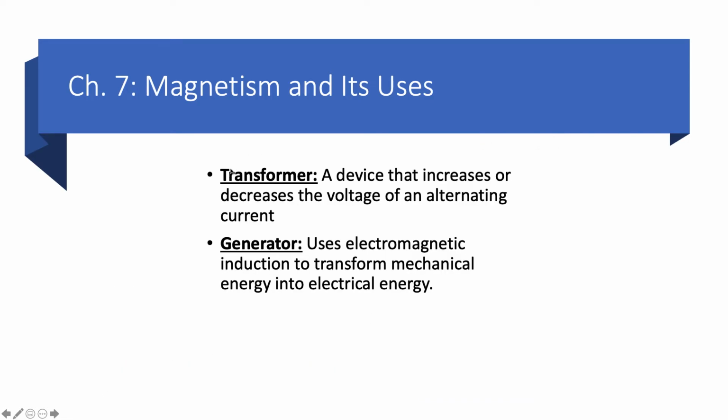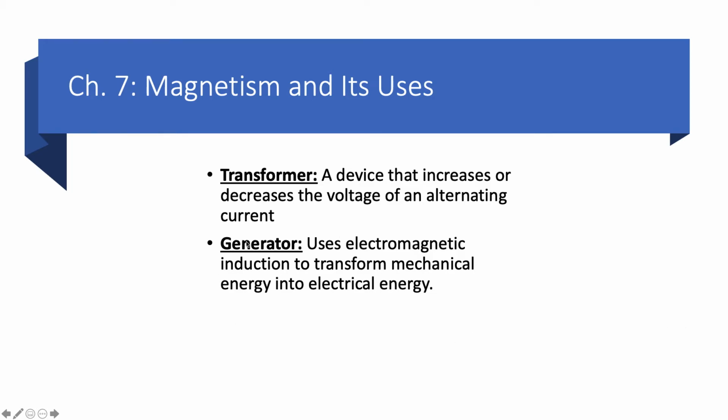All right, so now you have a transformer, which is basically a device that is going to increase or decrease the amount of voltage of an alternating current. We will talk about what the alternating current is. And then you also have something called a generator, which is going to use electromagnetic induction to transform mechanical energy into electric energy.